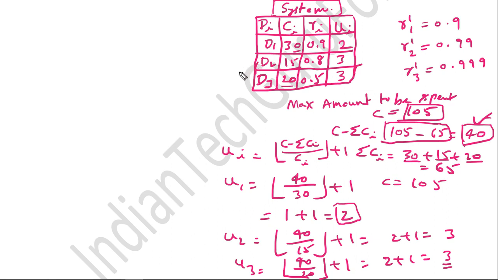So now we have the data such as how many devices there are, what the cost of each individual device is, what the reliability of each individual device is, and what the upper bounds are, that is, at most how many instances of a particular device we may have. So based on this table data, now we can solve the problem of reliability design.